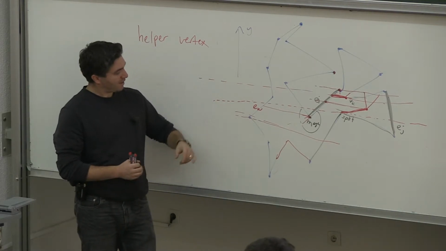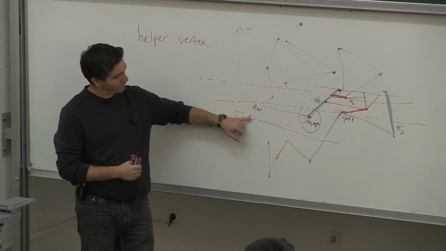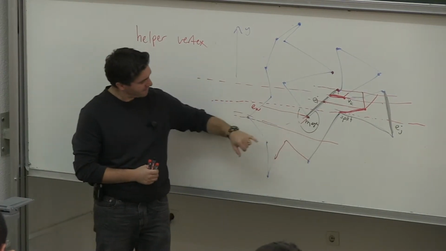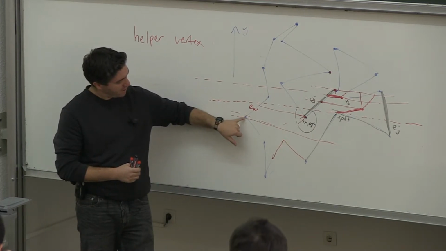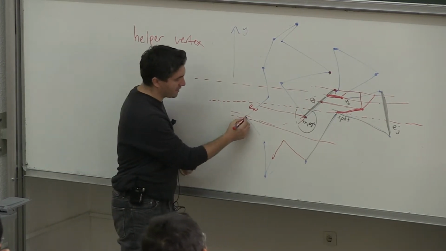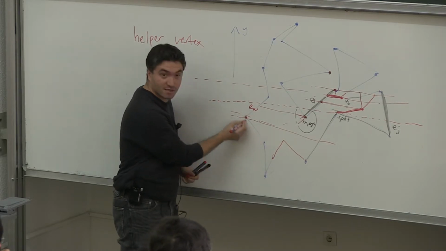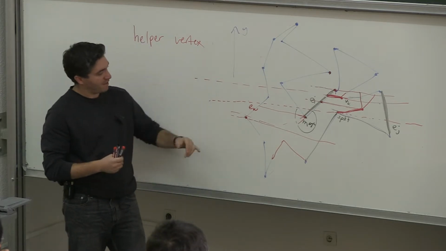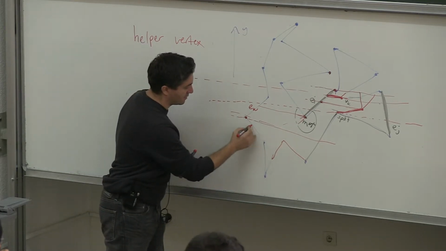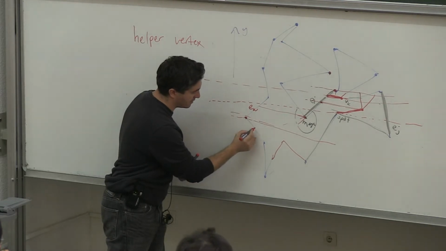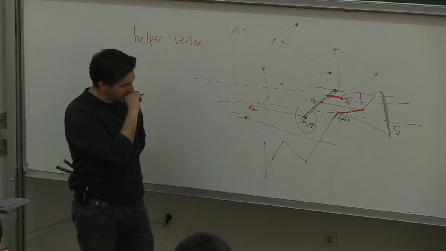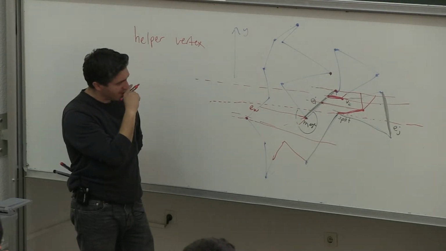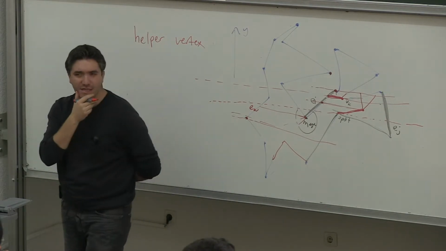At the next vertex, this will not be a valid helper vertex, because for the next edge, this vertex is going to be the helper. So that's not going to work. But can we use it as a helper vertex? That may be a solution. Let's think about this.